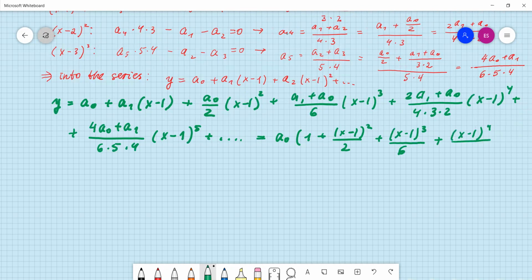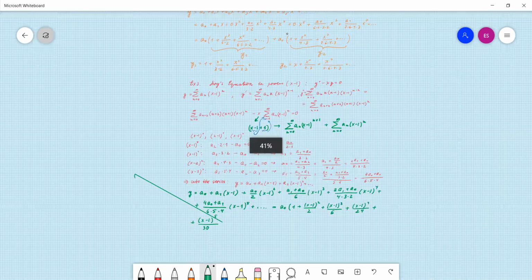Well, let me multiply. 3 by 2 is 6, and by 4 is 24. And the last one is going to be, well, if I cancel this 4 and this 4, I'm going to have (x minus 1) to the power of 5. And over here is going to be 30, right? 6 by 5. Well, I'm not 100% sure, so I suggest you check me.